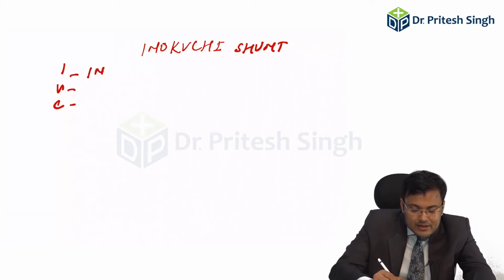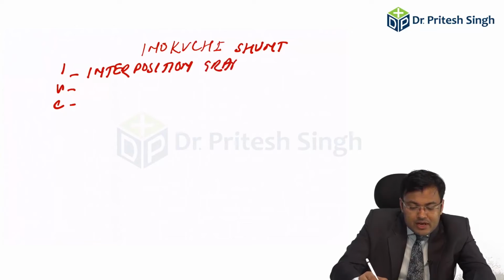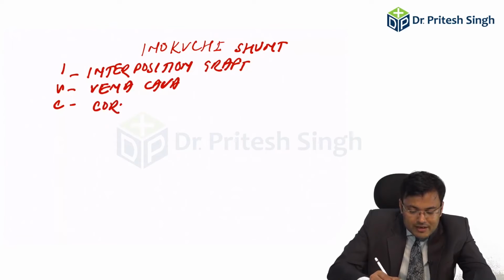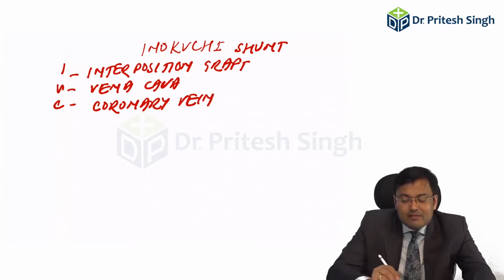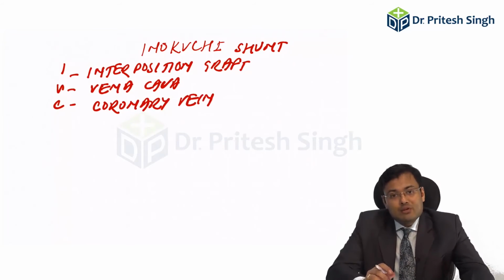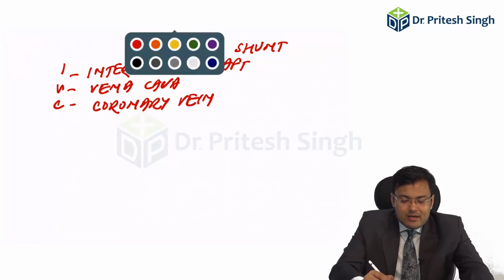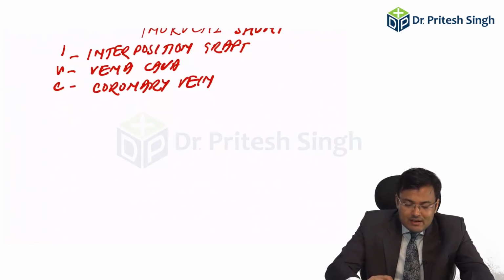I means interposition graft between V means vena cava and C means coronary vein. So it is interposition graft between vena cava and coronary vein. Clear? Now see how we are going to make this.